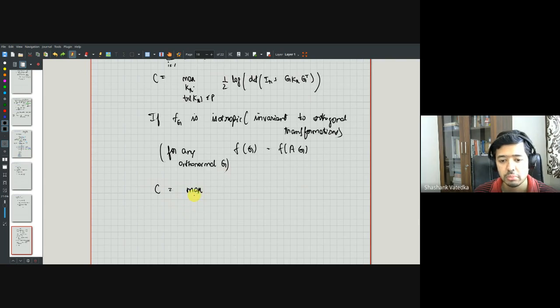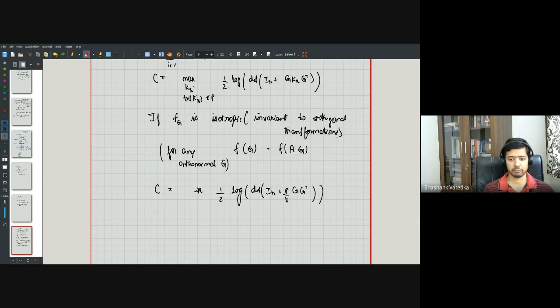So you just need to maximize over how much power you allocate. Essentially you can decompose this into parallel Gaussian channels, and the log determinant of I_R plus G G transpose turns out to be maximized by P over T. So the identity times P over T. So this turns out to be the capacity.